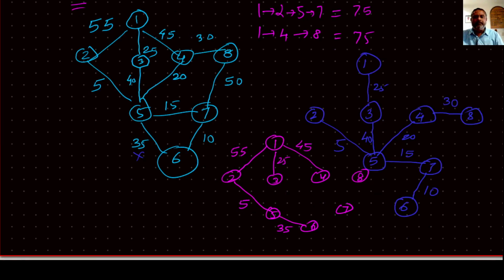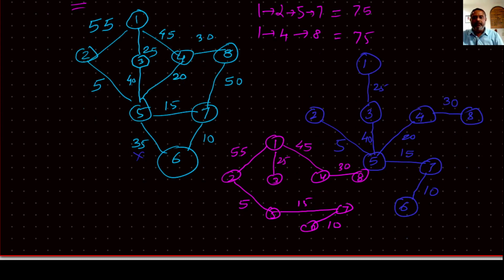No, it should be via 7. So that's 15, that's 10, and finally 8 is via 4, that is 30.